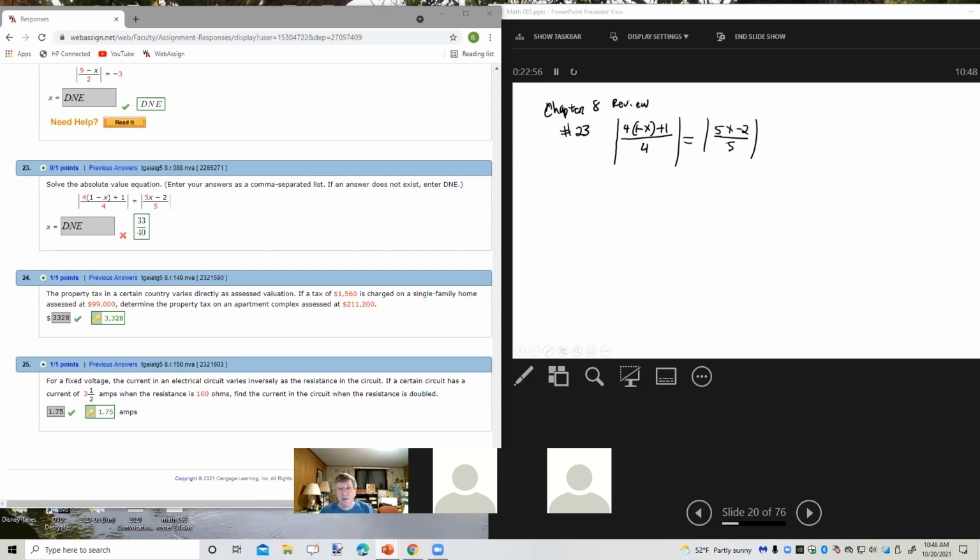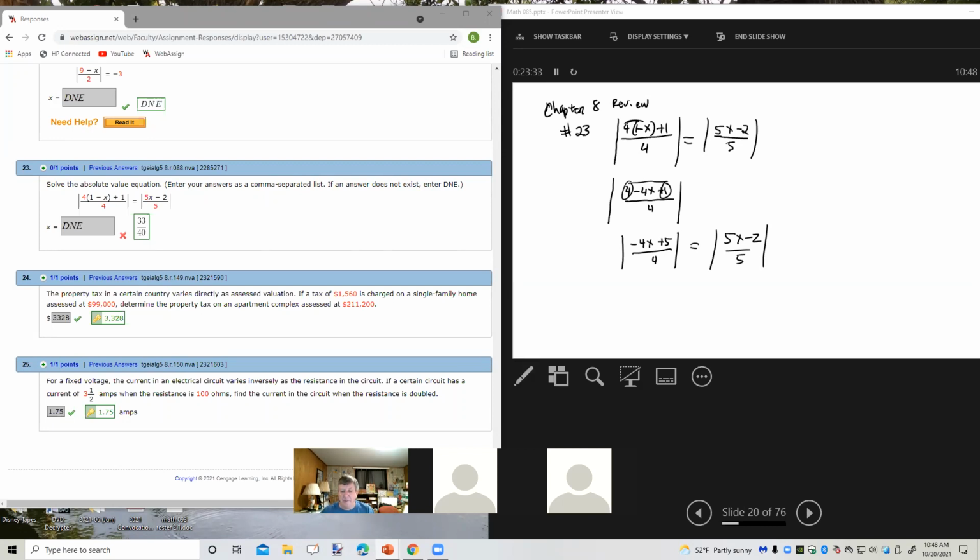Okay, one thing that we can do that'll save us time, we can simplify what's inside of the absolute values before we take them outside. So in the case of the one on the left side, we're going to get 4 minus 4x plus 1 all over 4, which we could further simplify into negative 4x plus 5 over 4, combining like terms.